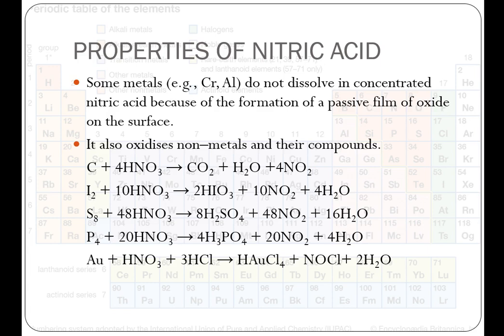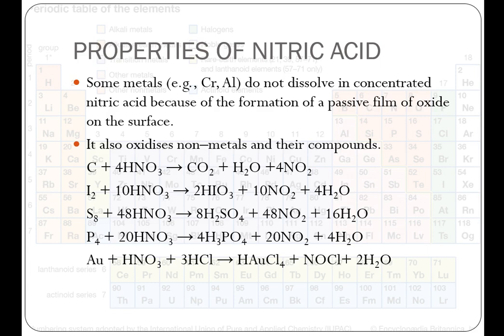Concentrated nitric acid also oxidizes nonmetals and their compounds. Here you can see the reactions of concentrated nitric acid with carbon, iodine, sulfur, phosphorus. Carbon gets oxidized to carbon dioxide.